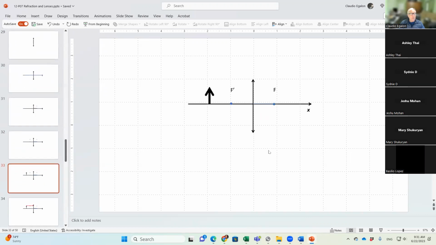Here you go, here's the object. And now we're going to draw our first light ray. The light rays that are parallel to the main axis are going to refract towards the focal point. The second light ray passes through the point F prime. That's the mirror image of F.